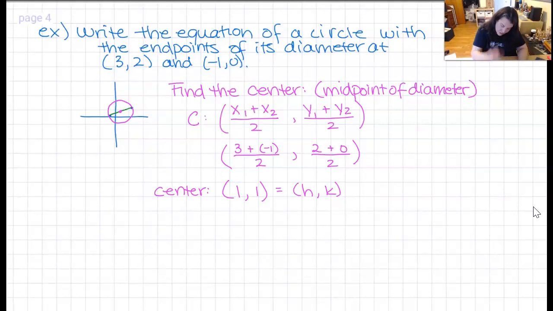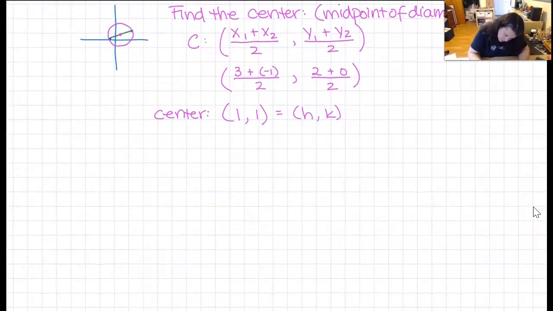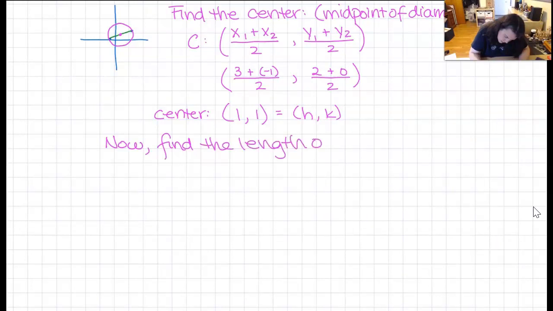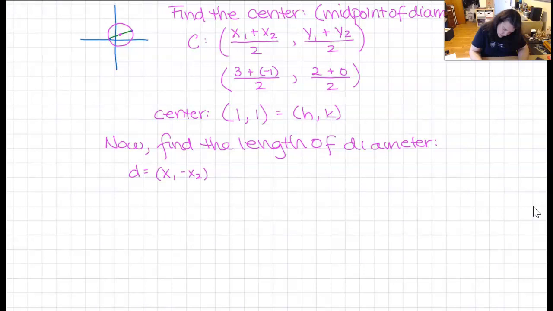All right, so let's find the length of the diameter. So remember, the distance formula is the square root of (x1 minus x2) squared plus (y1 minus y2) squared.